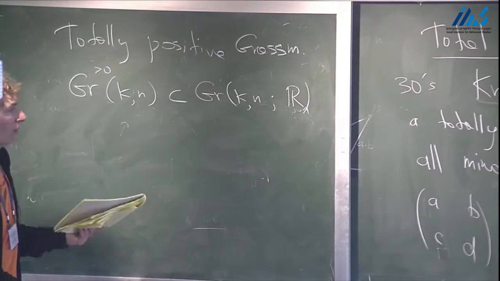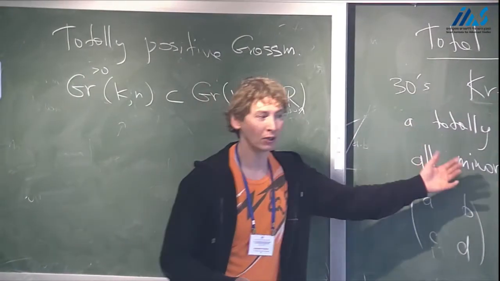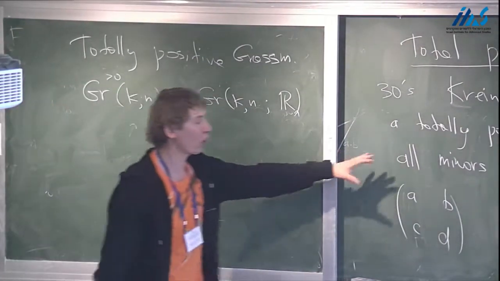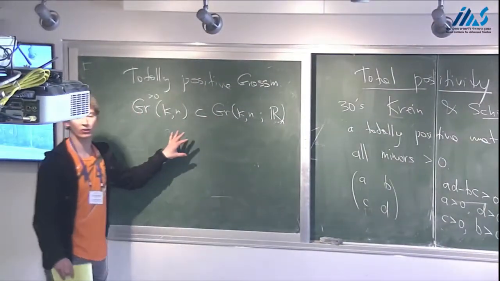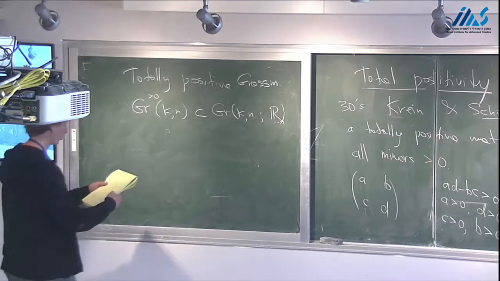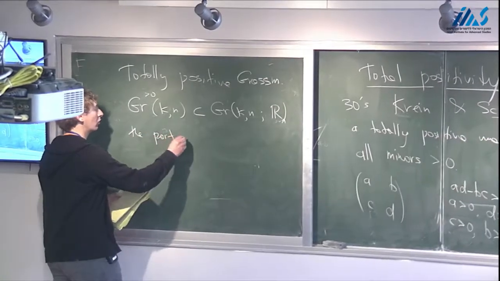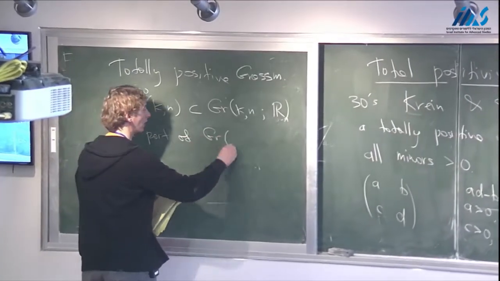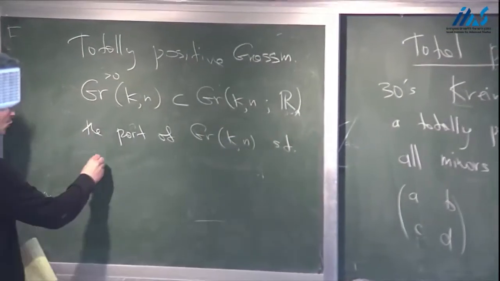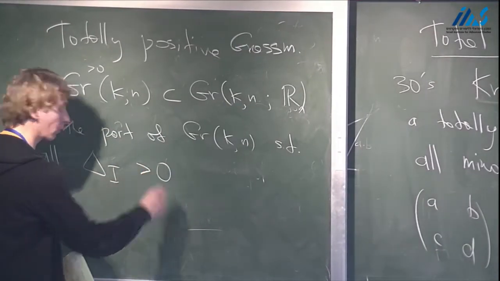For a totally positive matrix, you look at all minors of all sizes, but for the Grassmannian, we're interested in the maximal minors, the largest, the k by k minors. So that's the part of the Grassmannian such that all maximal minors, all Plucker coordinates, are greater than 0.